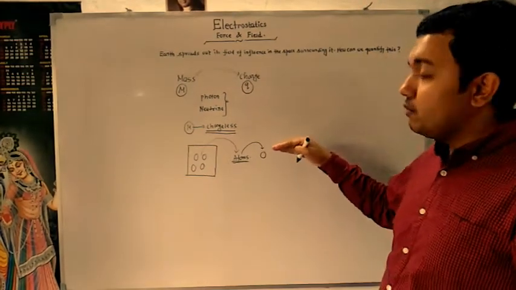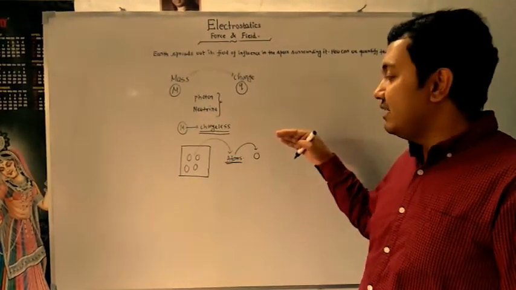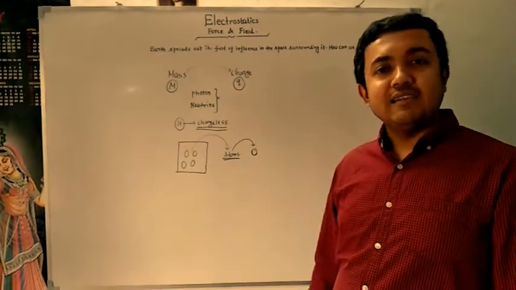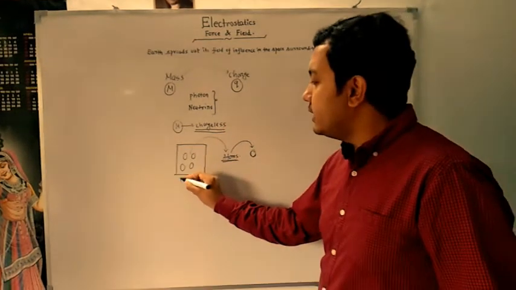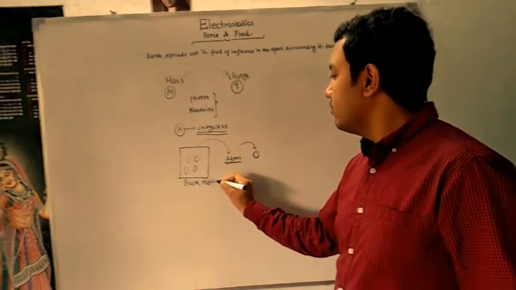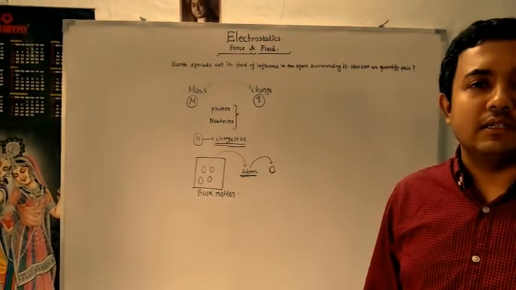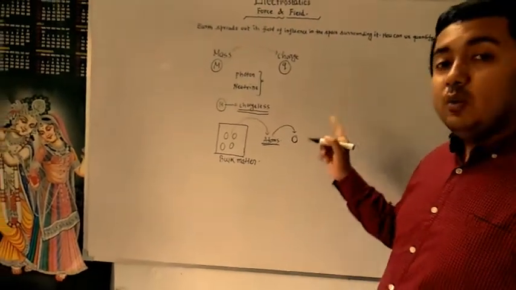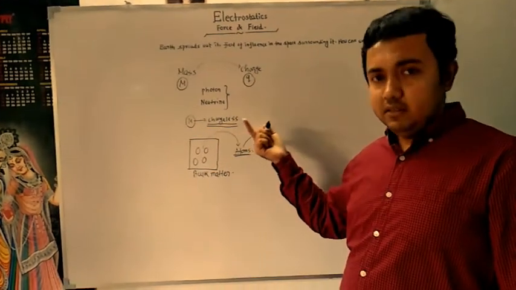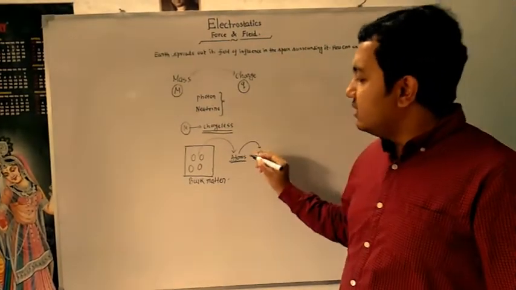But the number of protons and electrons are equal, so the atom is basically chargeless. As a whole, the total bulk matter is also chargeless.